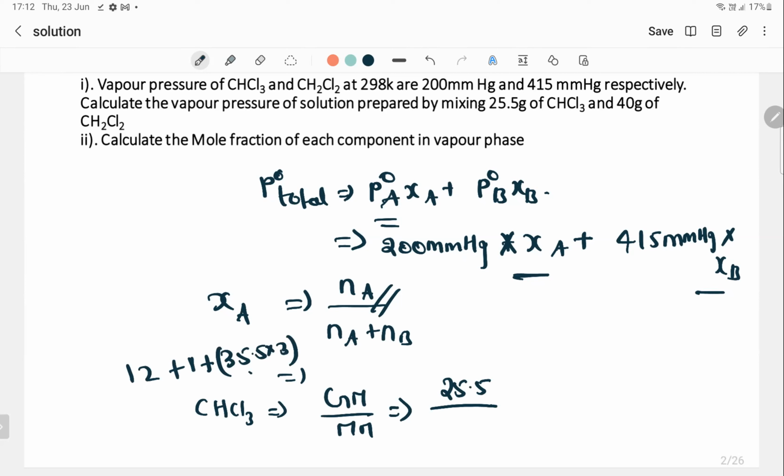So 12 plus 1 plus 106.5, which is 119.5.